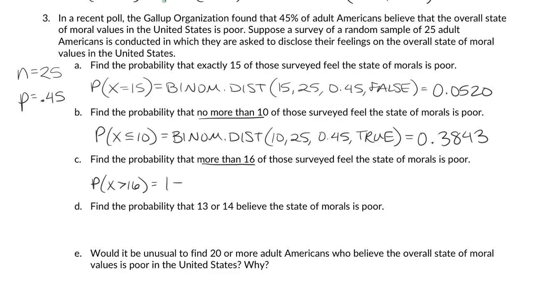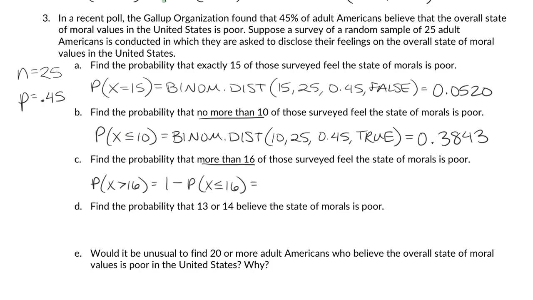Actually, psych, it is actually 16 this time. Why is it 16 this time? Because it says more than 16. So we don't want it to be 16. We want it to be more than 16. So we do 1 minus the probability that x is less than or equal to 16. I fell for that trick the first time I did this problem. You can literally see it marked out on my paper. So thanks for falling for the same trick as me.